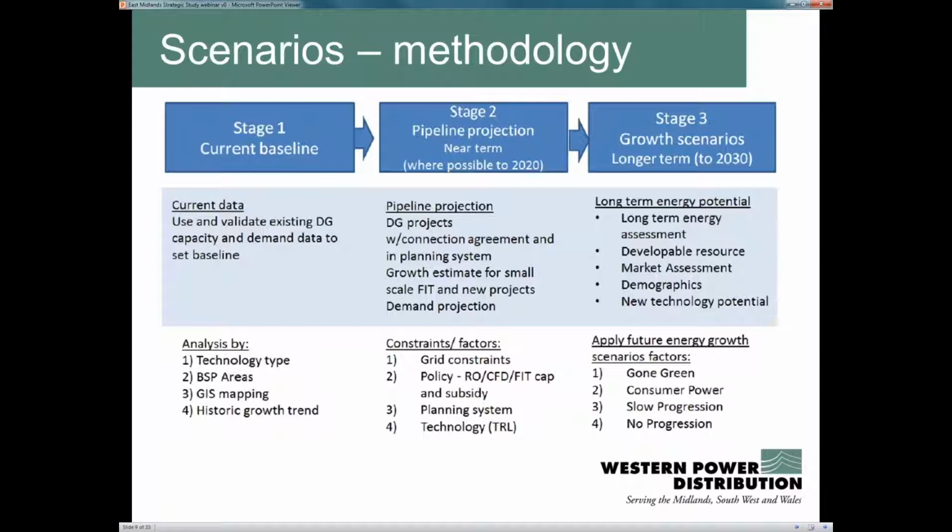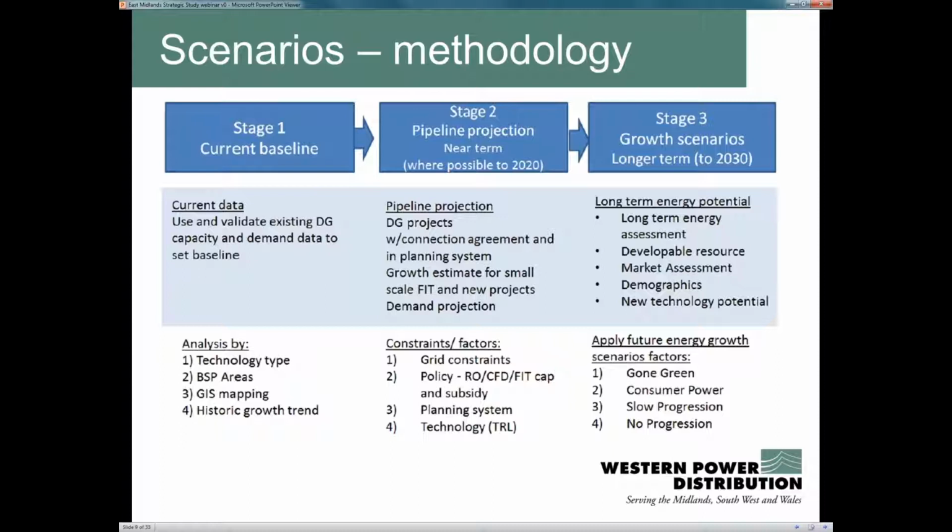In terms of methodology, we start with a stage 1 baseline, which uses our current data to understand and validate the existing connections on our network, and splits that down by technology type and geographic area to really understand where we are now.